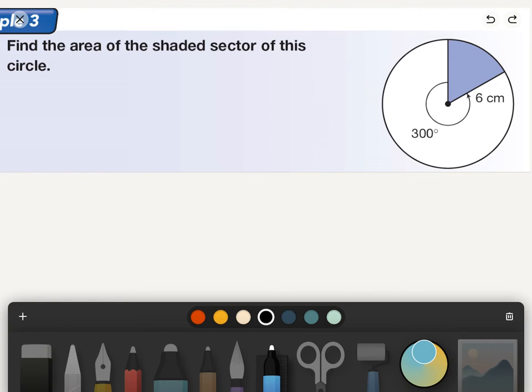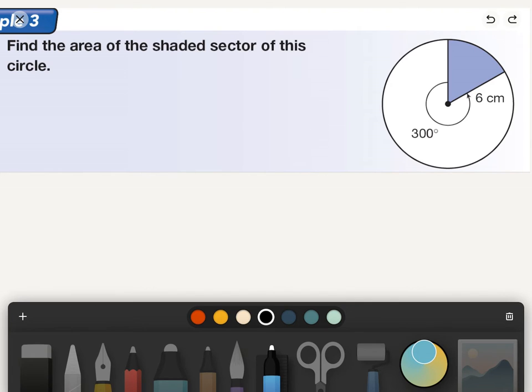Now, to start with, the first step in figuring that out would be to do what? Oh, no, we're not too worried about degrees yet.